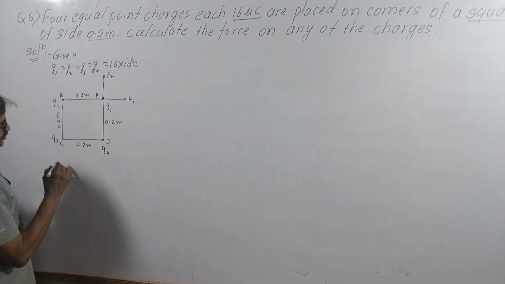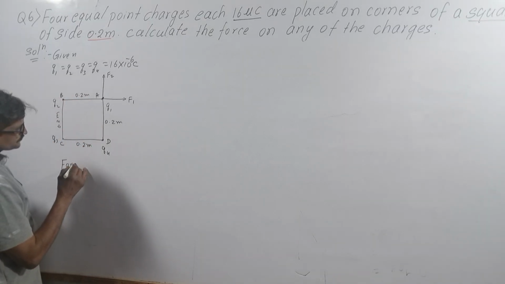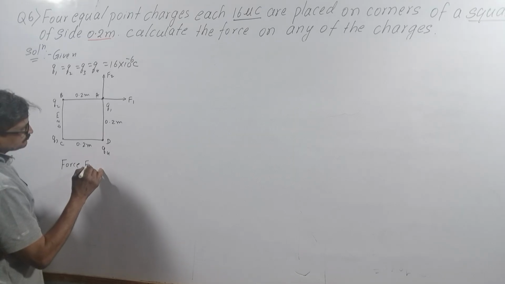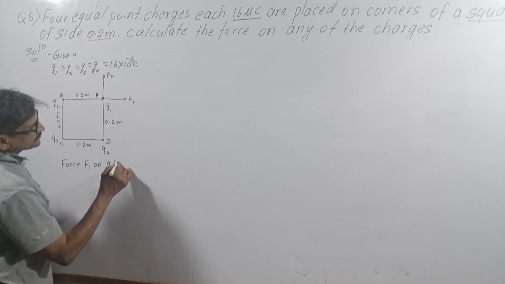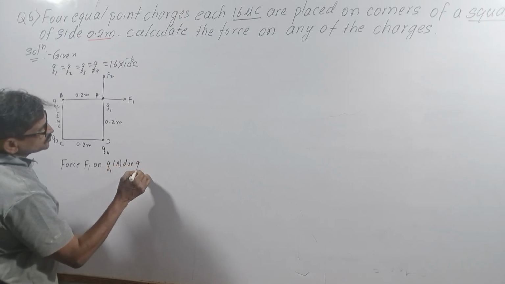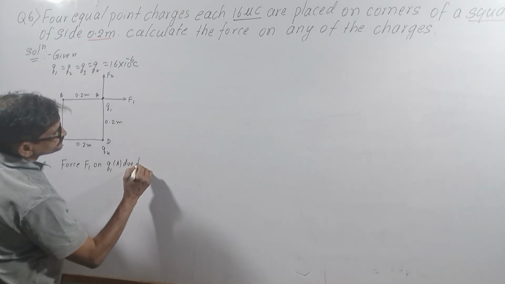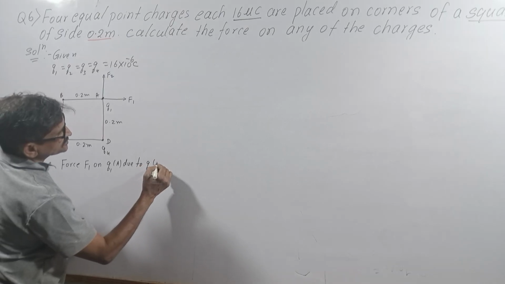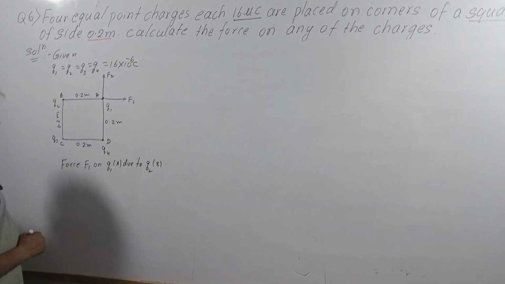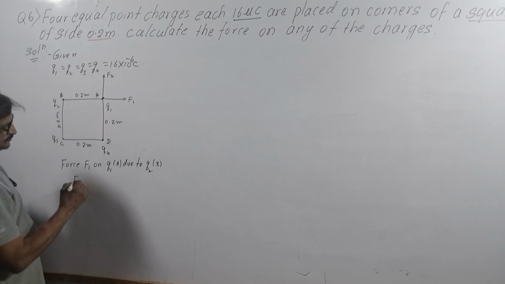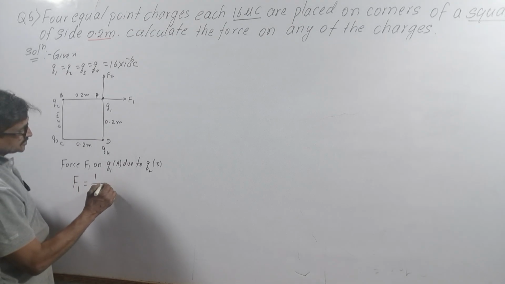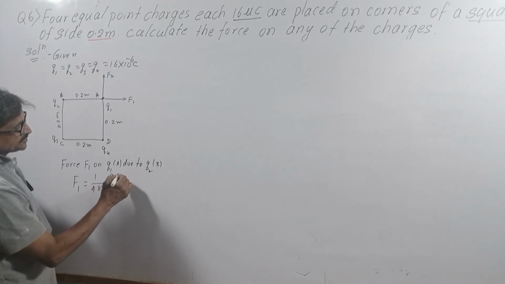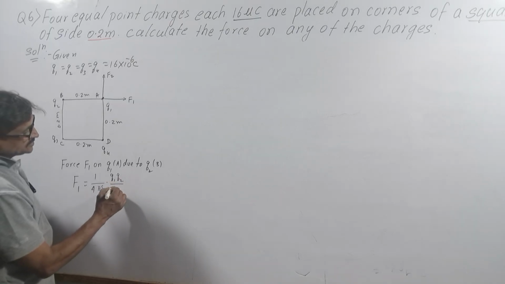Now write here force F1 on charge Q1 at A due to Q2 at B. So according to Coulomb's law, F1 equal to the constant 1 by 4 pi epsilon naught, Q1 Q2 divided by distance square.